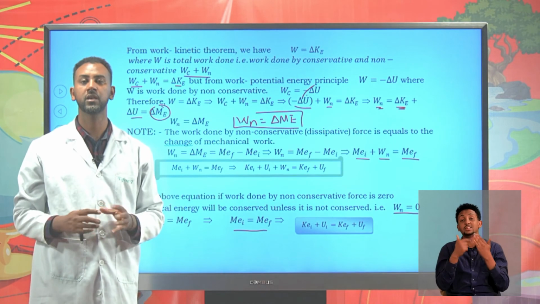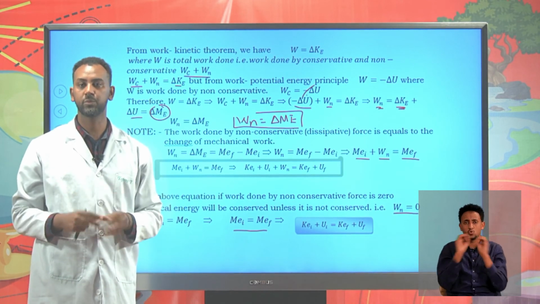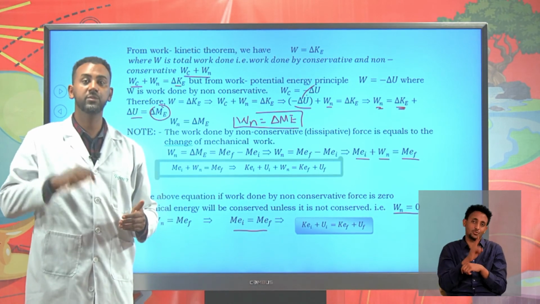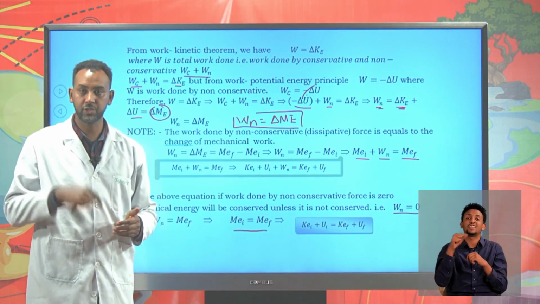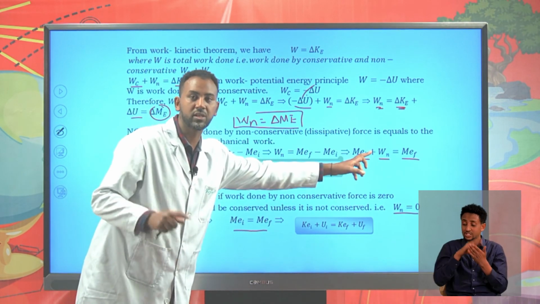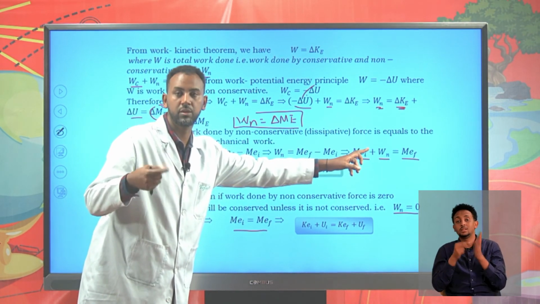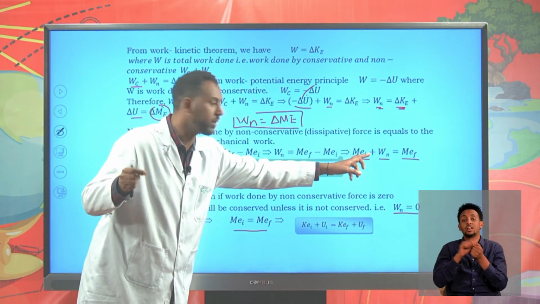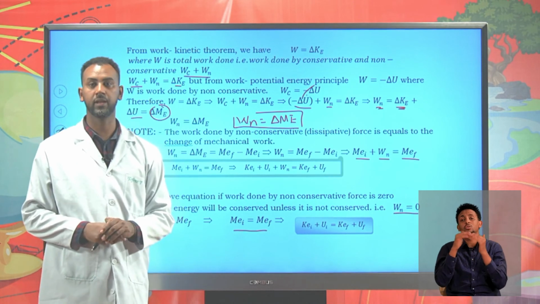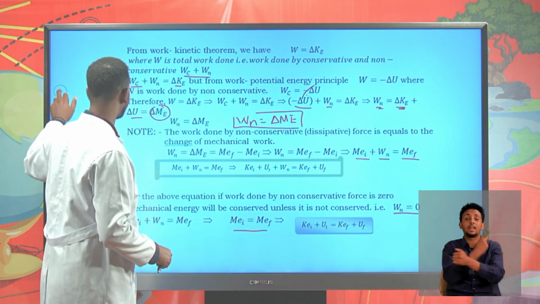So for cases where there are no dissipative forces, mechanical energy is always constant. If there are dissipative forces like frictional force, you have to use mechanical energy initial plus work done by non-conservative force, meaning work done by frictional force is negative work. When you subtract these two, you can equate it with the final mechanical energy.